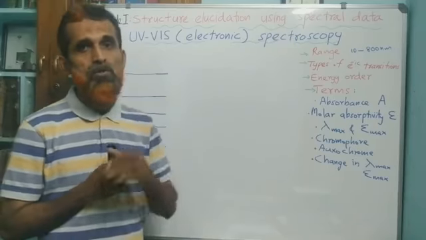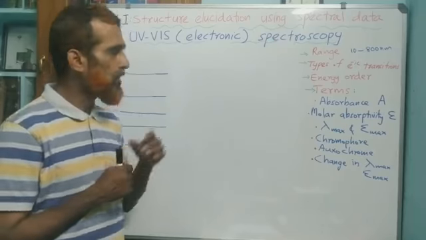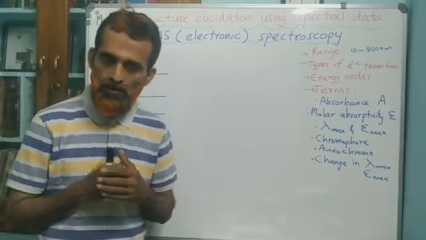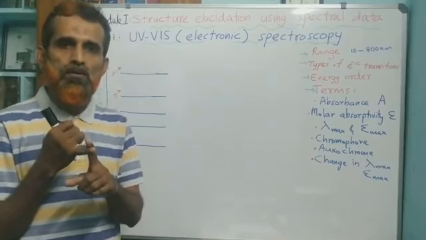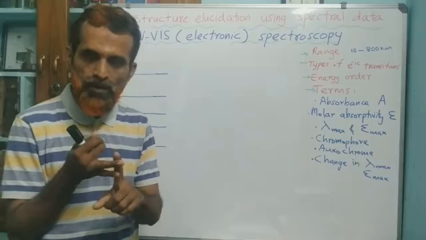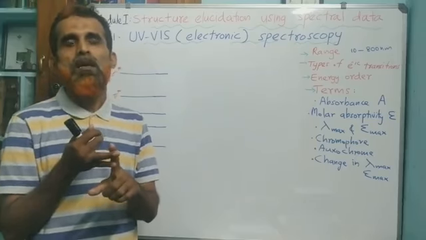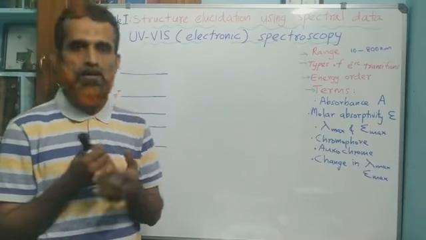Mainly we focus on 3 spectroscopic techniques, that is number 1, UV visible or electronic spectroscopy, number 2, infrared or vibrational spectroscopy, and number 3, nuclear magnetic resonance spectroscopy or NMR.